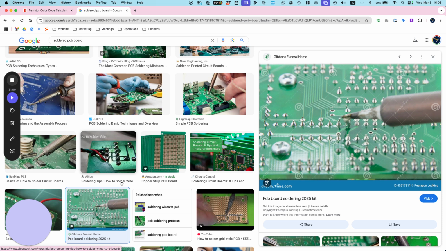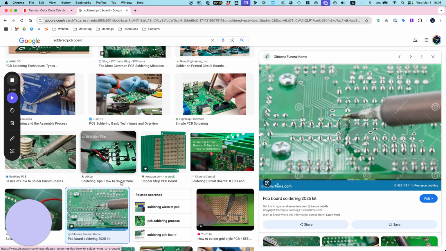Okay, I'm keeping constant pressure down, that way it's flush. I'm going to heat up the tri-point: soldering iron, wire, and board. I'm going to feed solder into that area. Let it reflow. Done, like that. Let's do it again, right here.